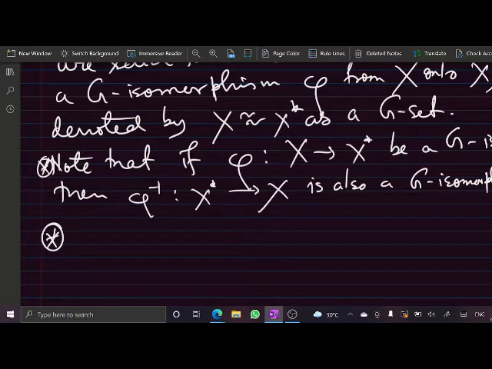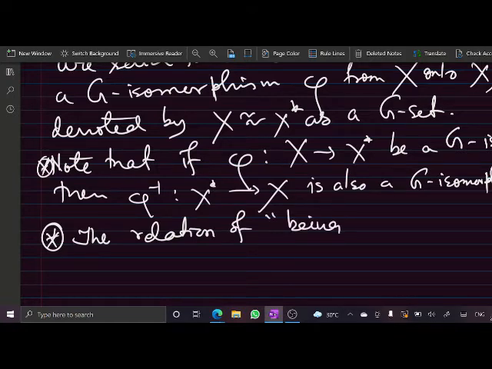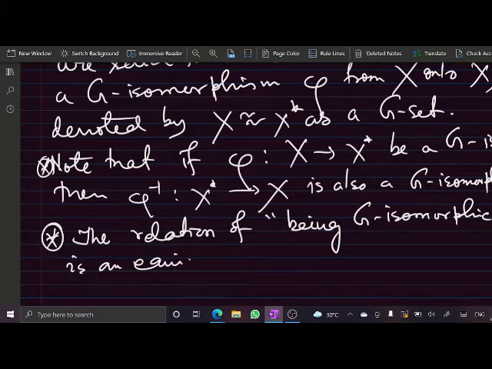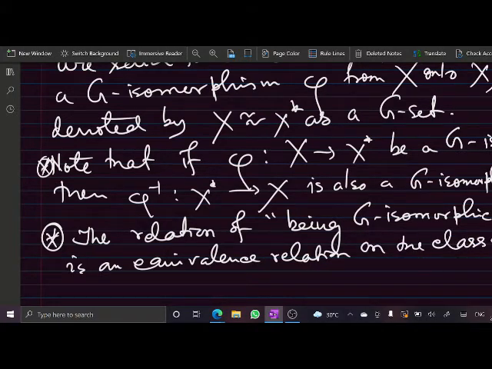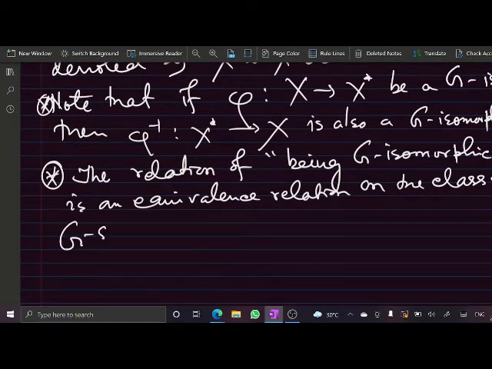So the relation of being G isomorphic is an equivalence relation on the class of G sets.